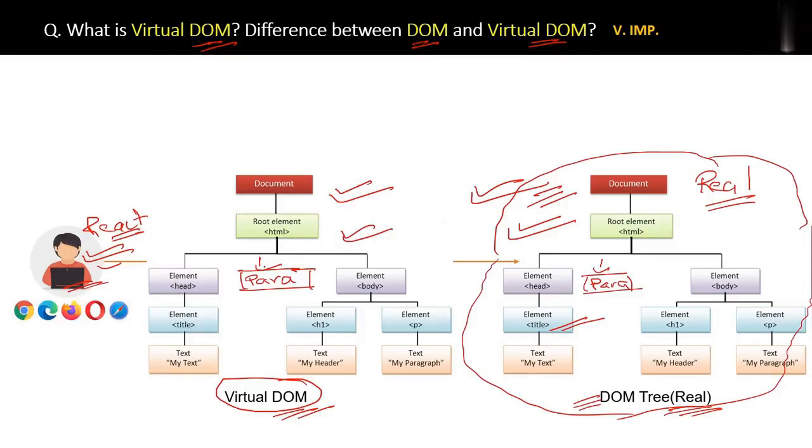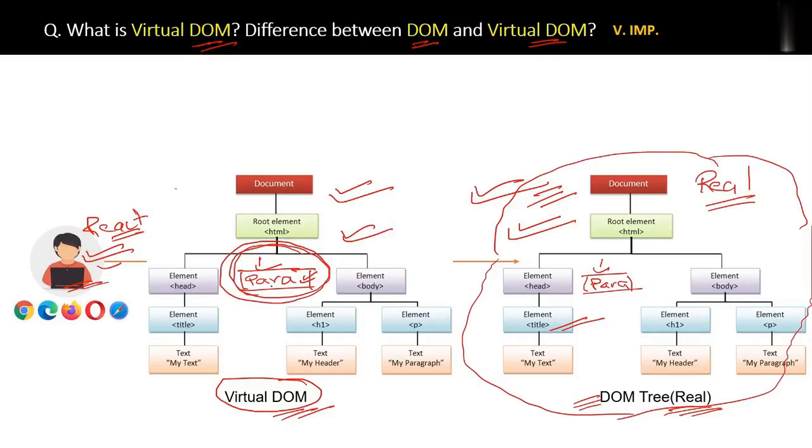And the speciality of the virtual DOM is, if the user is changing any element in HTML, then the virtual DOM will not render the whole virtual DOM for small changes. Only the small specific part of the virtual DOM will be updated.